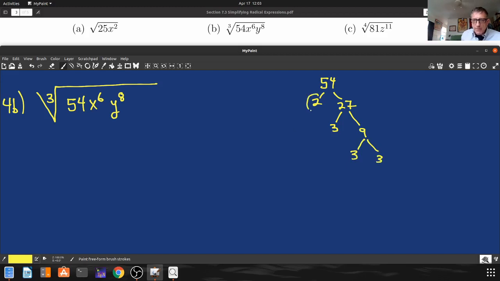So here are my prime factors. So 54 is equal to 2 times how many 3's? 3 to the 3rd power. But I'm not done. I actually want to do some more stuff.